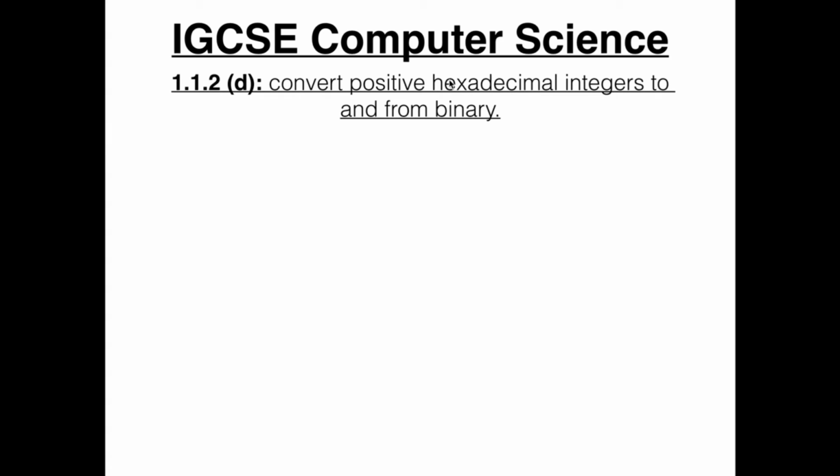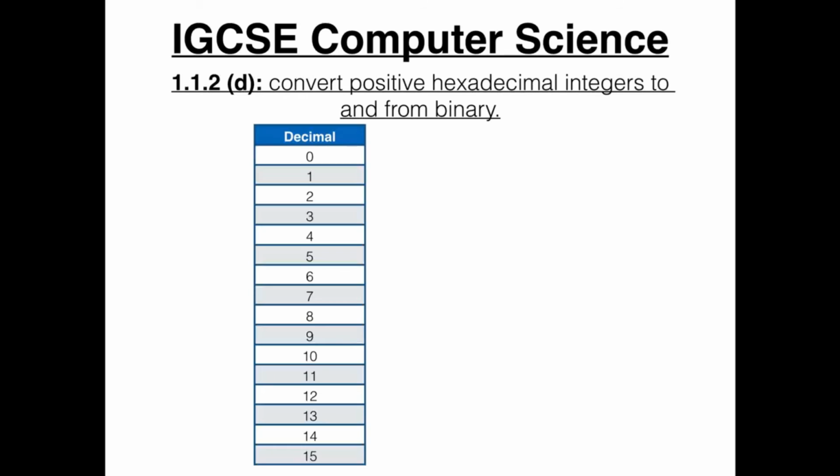And the reason is because hexadecimal is base 16, binary is base 2, and 16 is 2 to the power of 4. So therefore, 4 binary digits or bits are required for each hexadecimal digit.